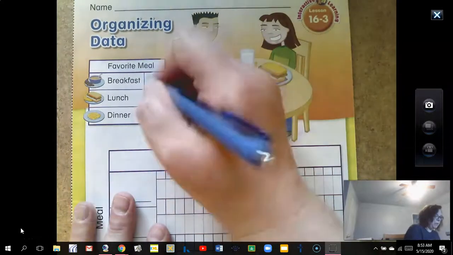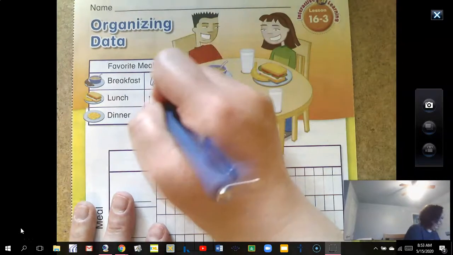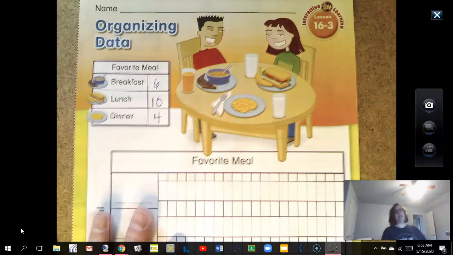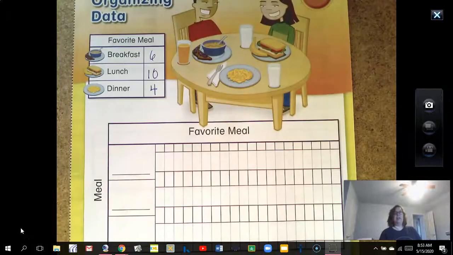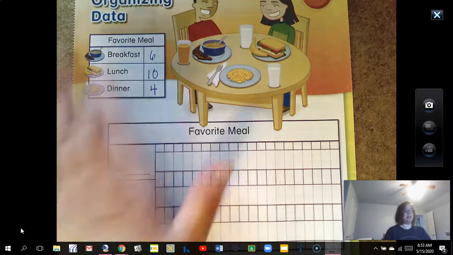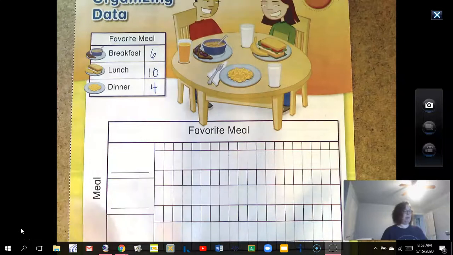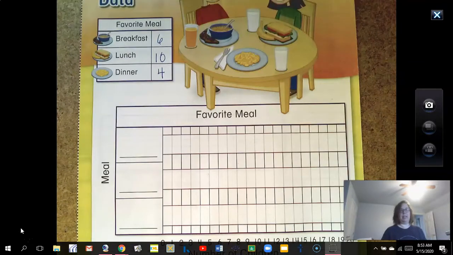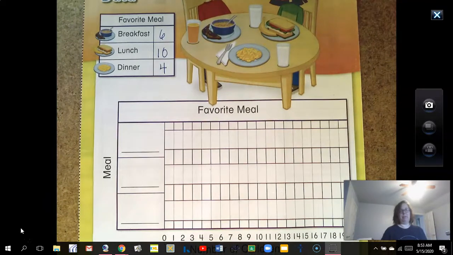Okay, so right now, since we don't have that, I'm putting that data in there right now. So we have 6 children that like breakfast, we have 10 that like lunch, and we have 4 that like dinner. It's very, very important to make sure that you look at all the information and read it before you even go ahead and put it in your bar graph.